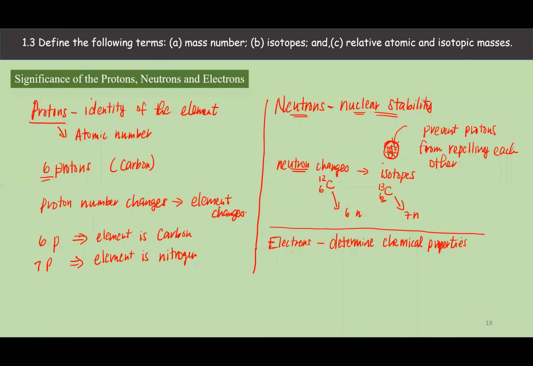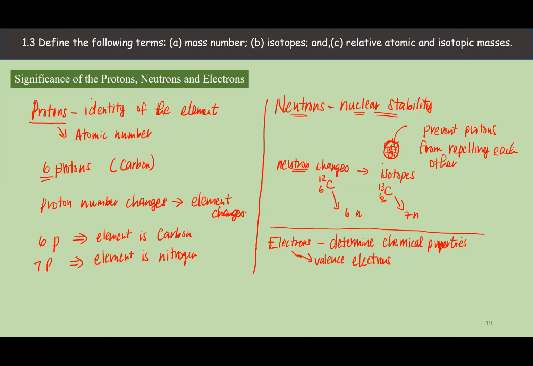More specifically, the valency electrons, right? What are the valency electrons? Those that are located where? Electrons in the last shell? In the last shell, right? So what we expect then is that elements that have the same number of electrons in their outermost shell are going to react similarly with other reagents.